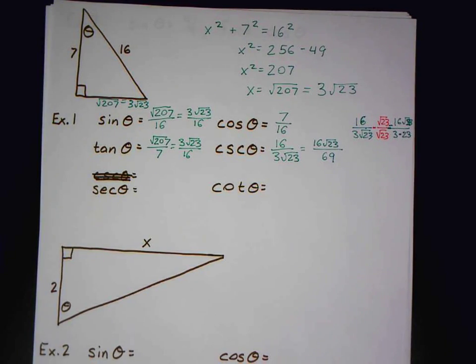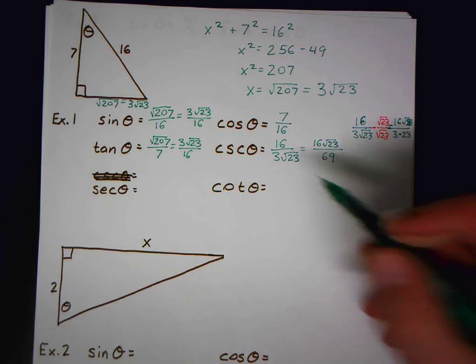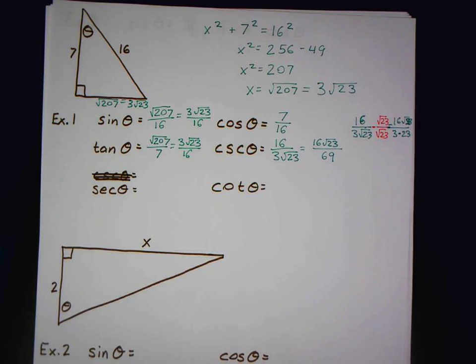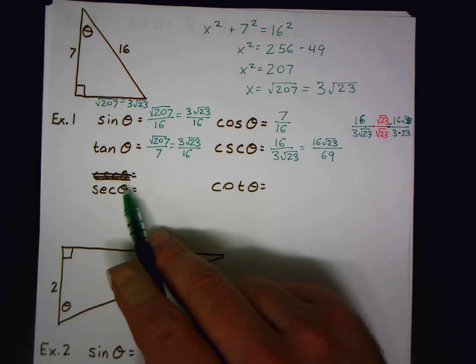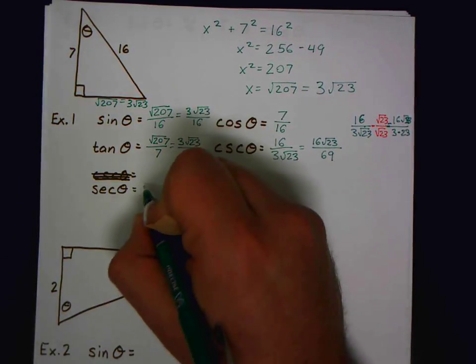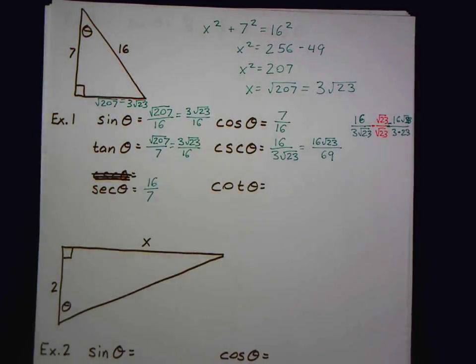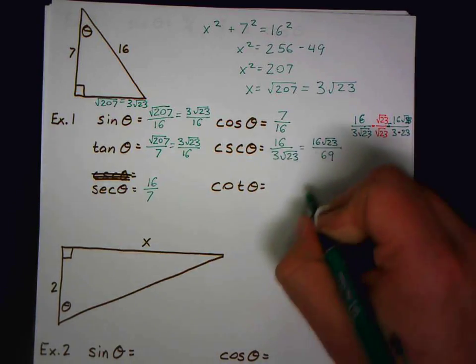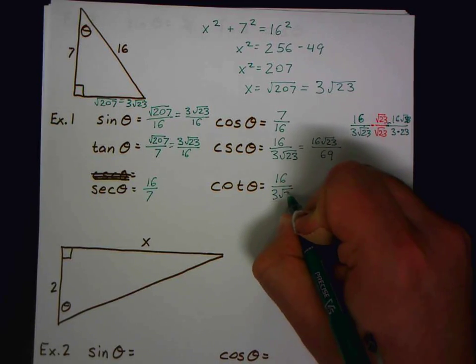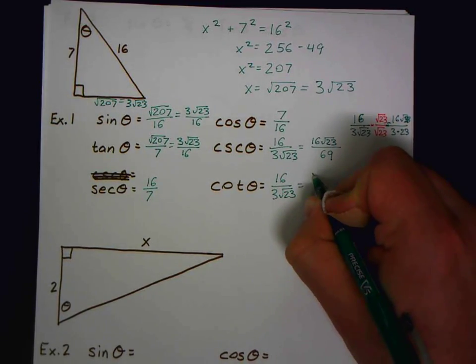Now, a shortcut to that, once you get used to doing it, is you just move this to the top and leave a 23 on the bottom. And that works all the time. Okay, so secant is the reciprocal of cosine, so this would just be 16/7. Cotangent would be the reciprocal of tangent.